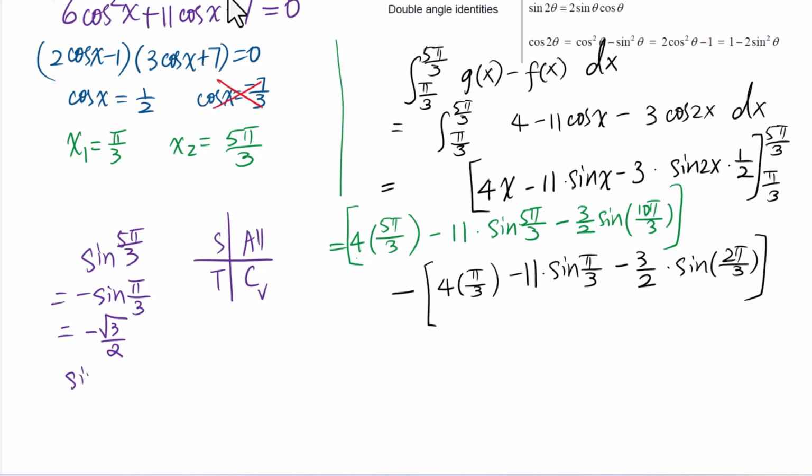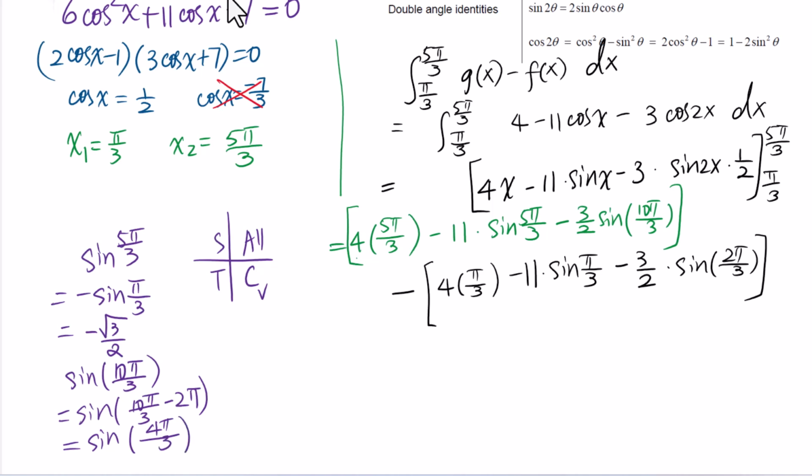For sine 10 pi over 3, first we change this into an angle between 0 and 2 pi: 10 pi over 3 minus 2 pi gives sine 4 pi over 3.